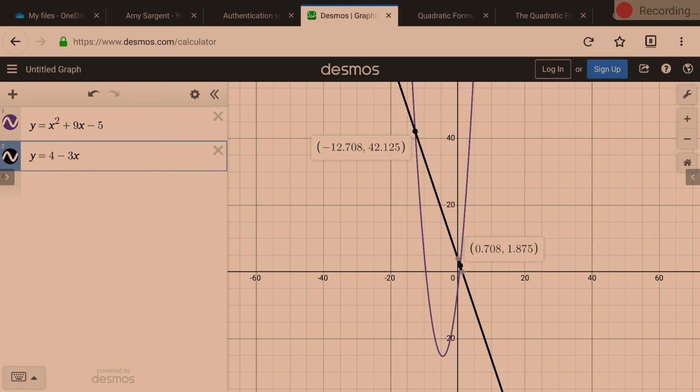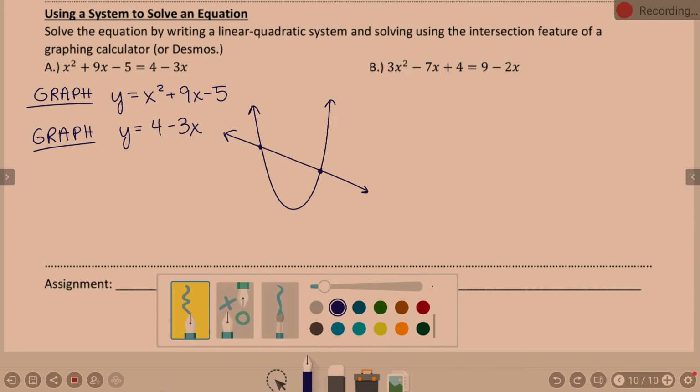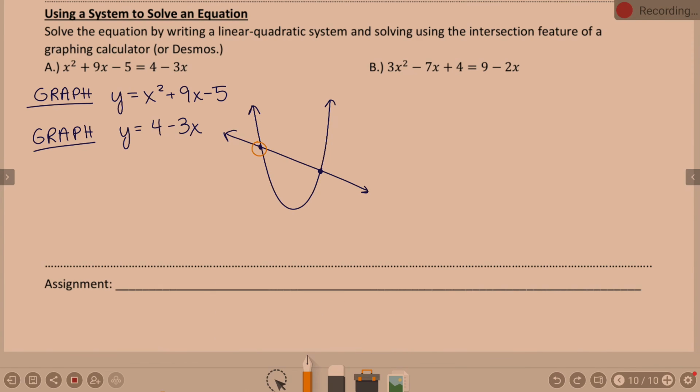Everyone got their Desmos graphs to work? Okay. So the idea is, and this is just a rough graph here. We need those two, yes? But we only need the x values.